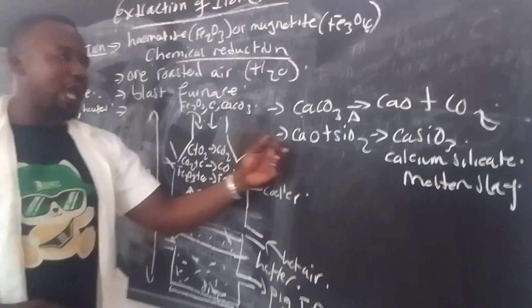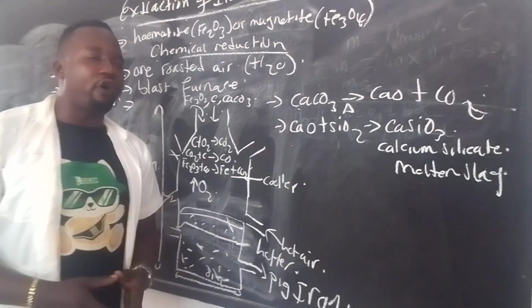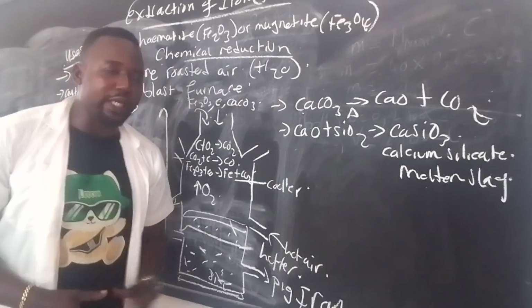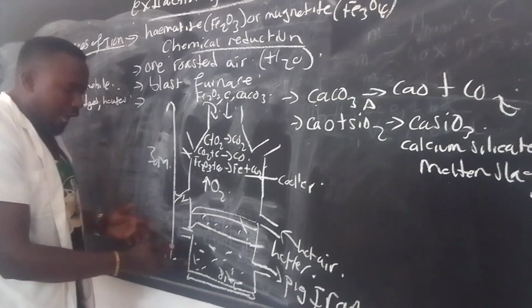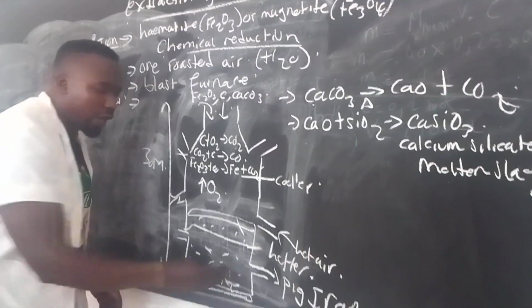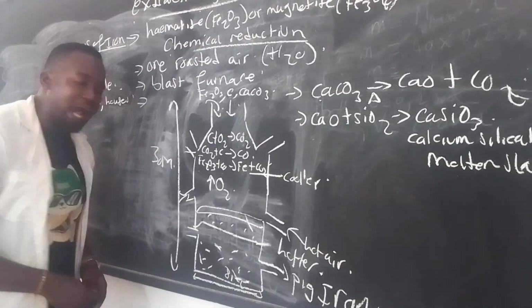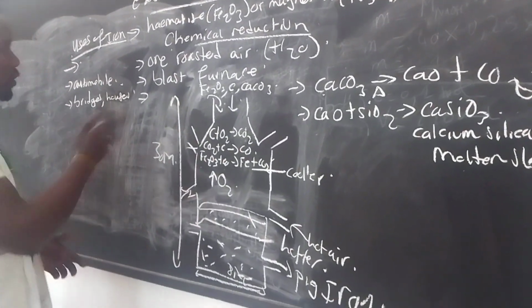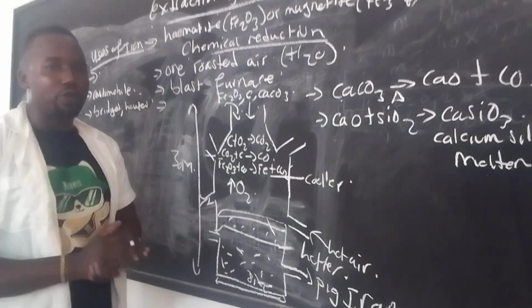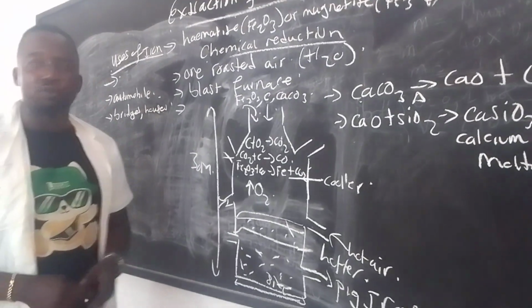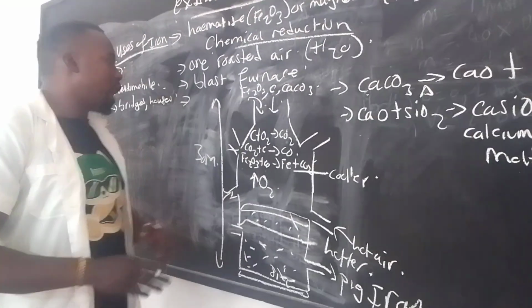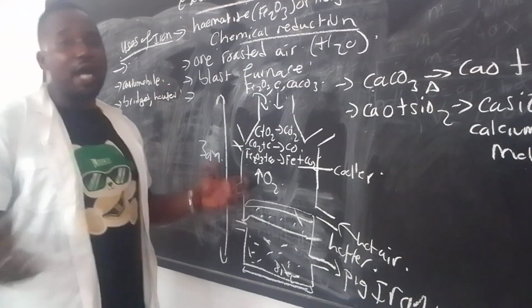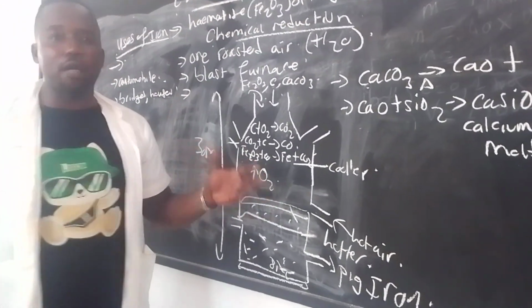The calcium oxide reacts with impurities such as silicon(IV) oxide to form calcium silicate, which is removed as a molten slag. The molten slag and the iron are collected from separate taps, where the iron obtained is collected as pig iron. And we conclude with three uses of iron: in automobile industries to manufacture cars, in the construction of bridges and houses, and to manufacture agricultural implements like hoes and cutlasses.